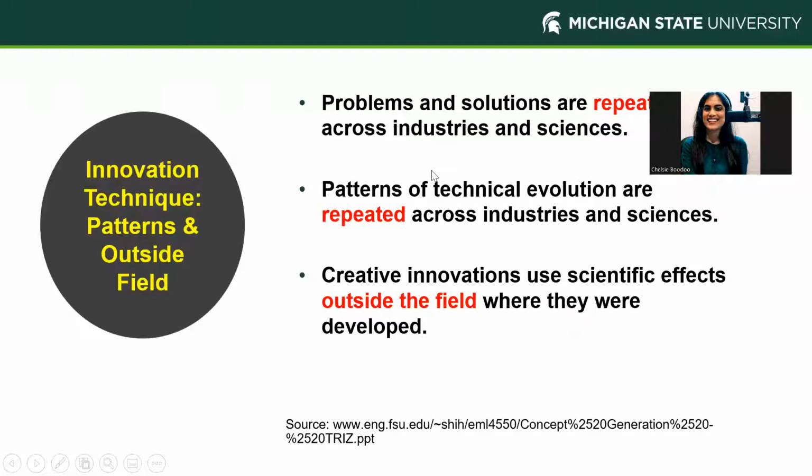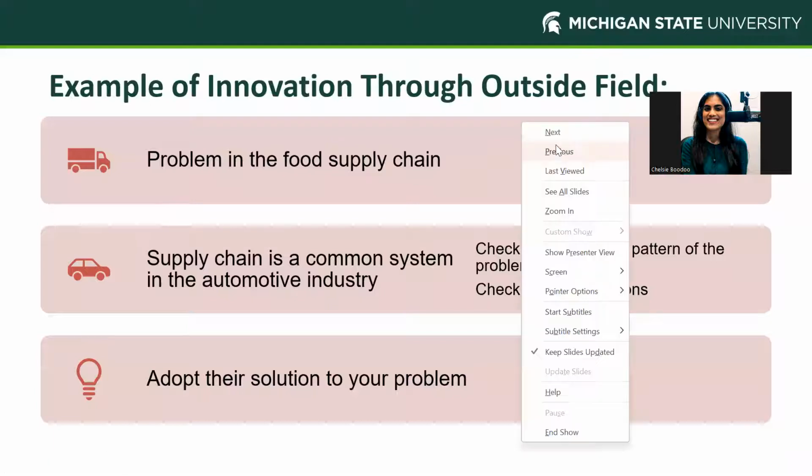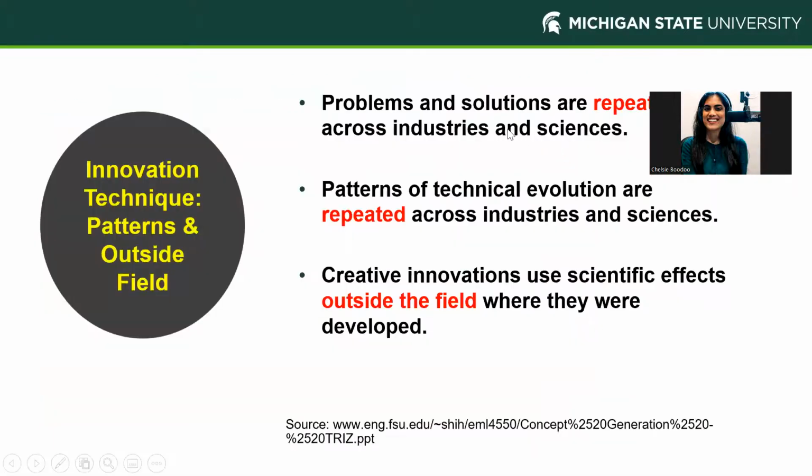We have seen, and somebody made an article about this and developed methodologies on this, that shows that problems and solutions are repeated across industries and sciences. And patterns of technical evolution are also repeated across industries and sciences.